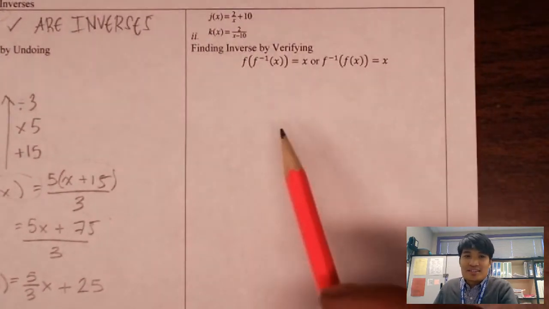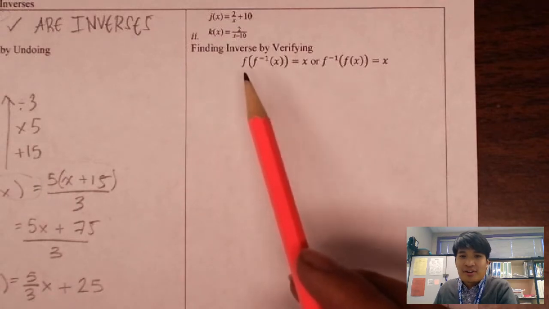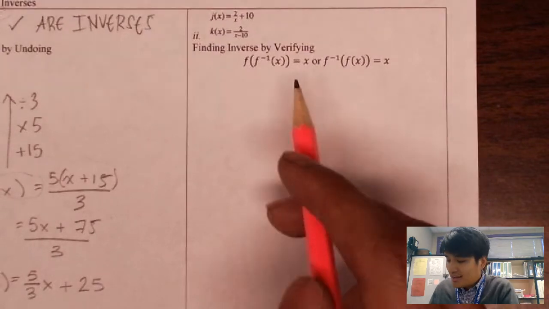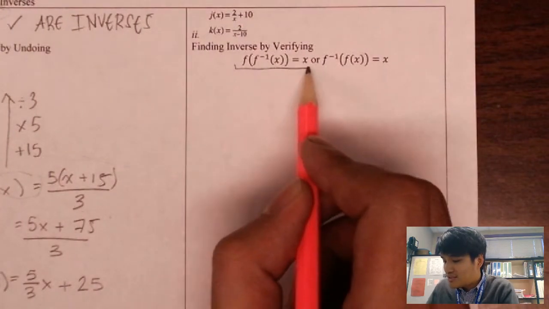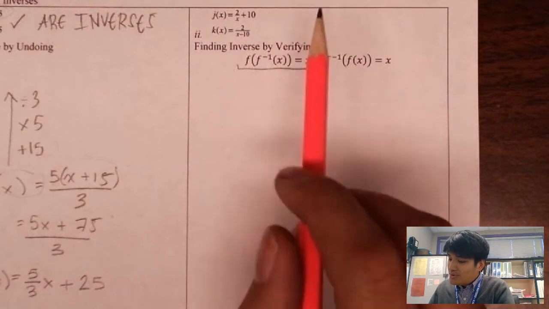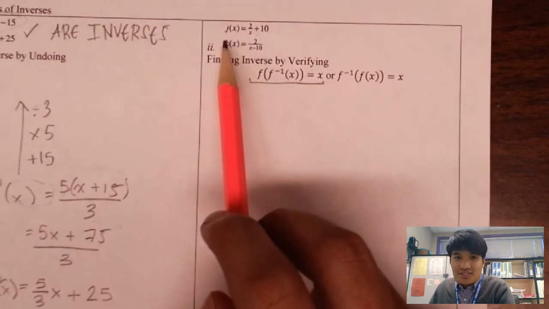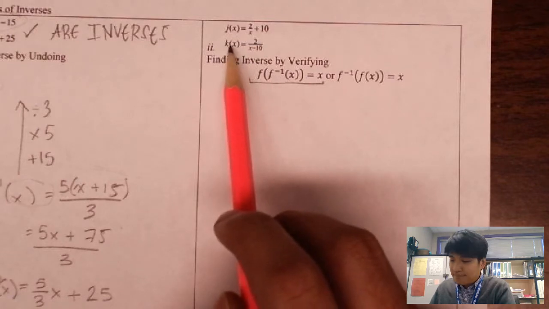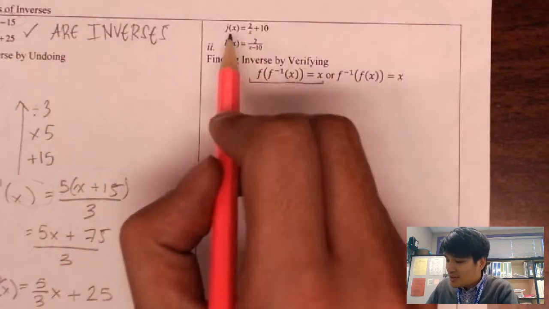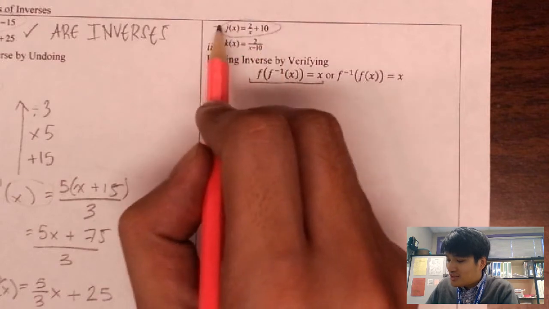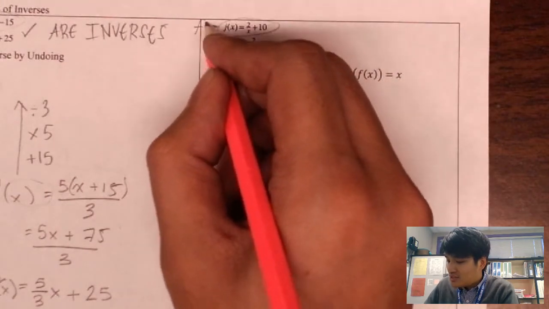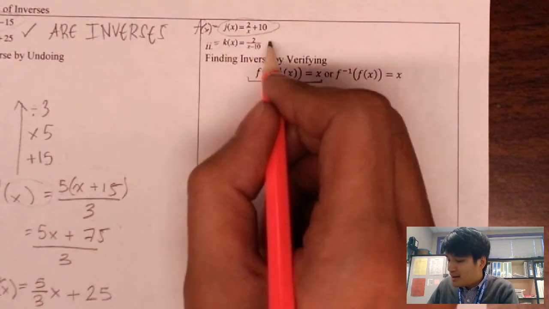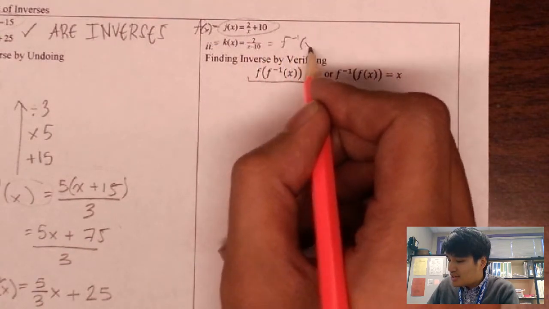The next one here is finding the inverse by verifying these conditions. For the sake of this video, I'm just going to do this one here. As you can see, I have j of x and I have k of x. Let's just denote this as f of x for the sake of this example, and this is going to be f inverse of x.